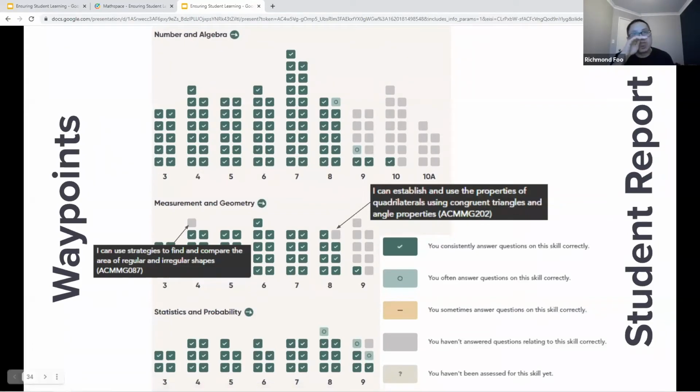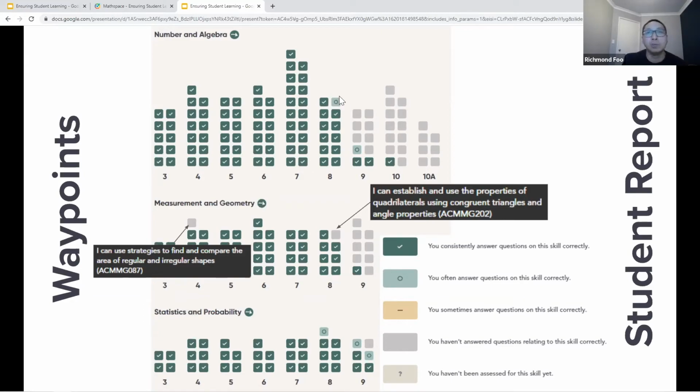And so again, this is back to Waypoints, which is our continuous assessment tool. A student will get a report that shows them everything that they can do. So hopefully the idea here is that they go, okay, I'm doing pretty well at year 8, but there's something down here that I haven't demonstrated. Let me go chase that up. Or there's this little gap here that I need to fix up. And even with this green circle here, I often answer questions correctly.